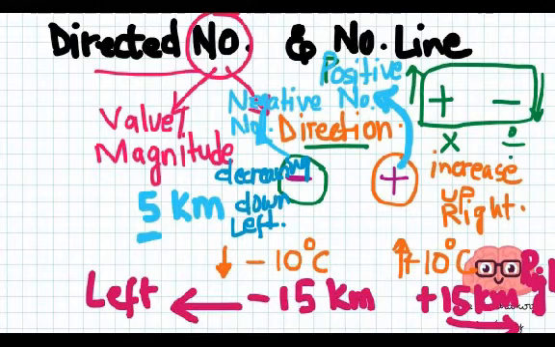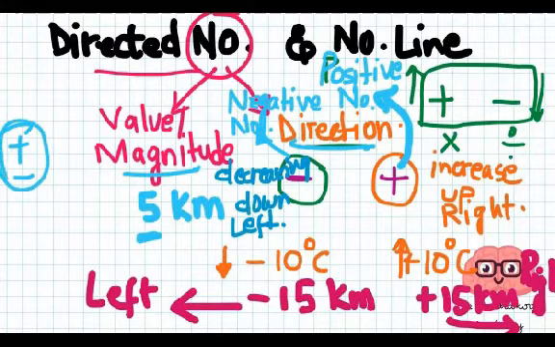When a number has a prefixed plus or minus sign, so that it has both parts, the magnitude and the direction, to completely specify the quantity, then those numbers are called directed numbers. And direction is always represented by a plus or minus sign.